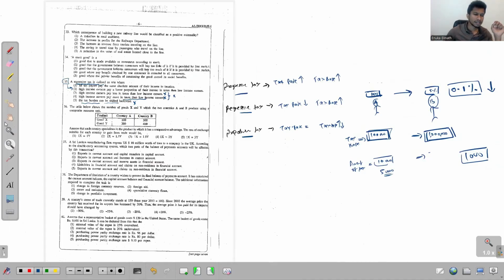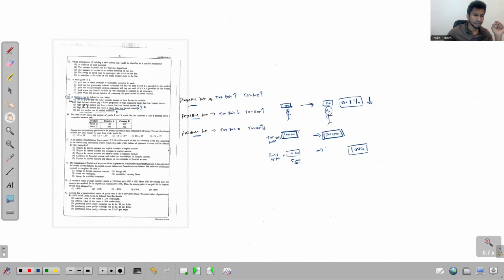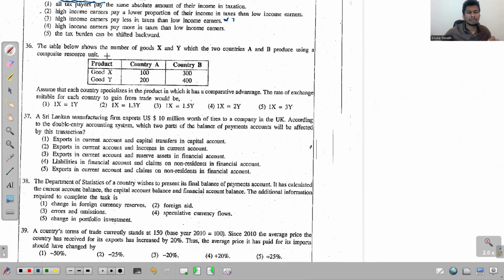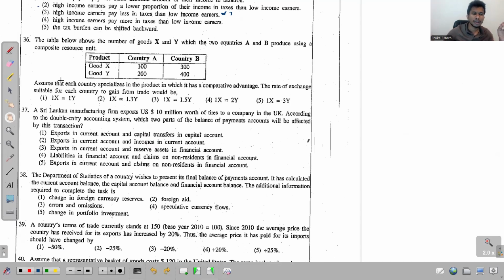Right. Now let's look at question 36. In this question 36, they say the table below shows the number of goods X and Y which the two countries A and B produce using a composite resource unit. All right. So by giving this table, what do they ask us to calculate?